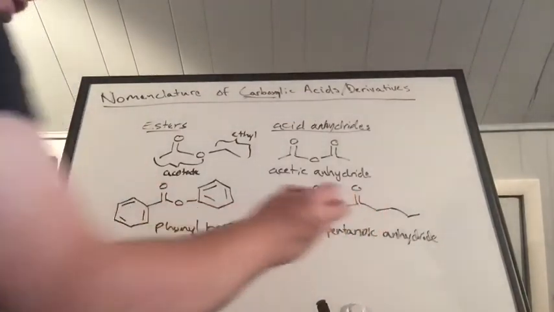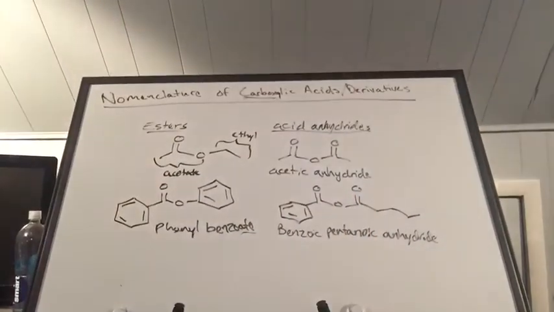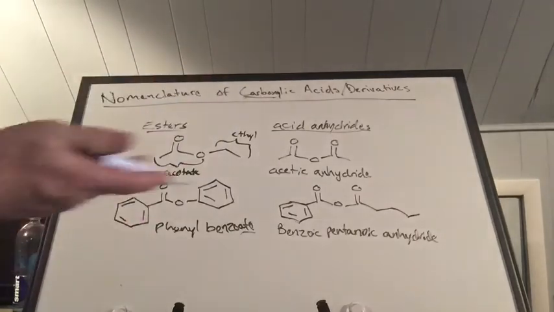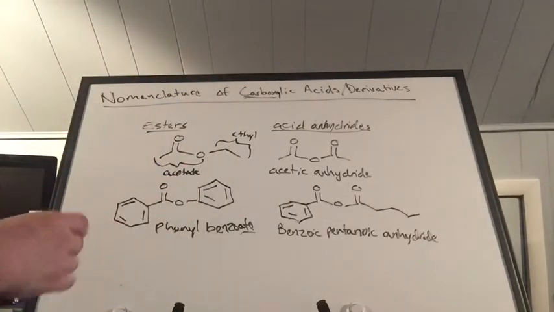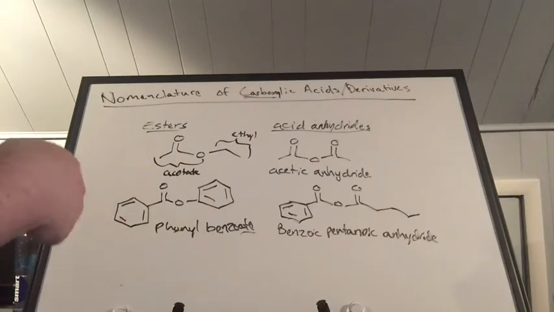Okay, so this OIC suffix is something you would place for, let's say, butanoic acid or pentanoic acid. So that OIC is going to be pretty indicative of any type of carboxylic acid, if you can imagine.